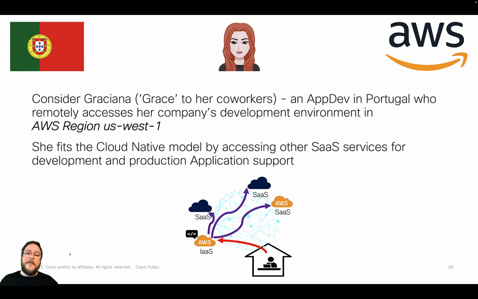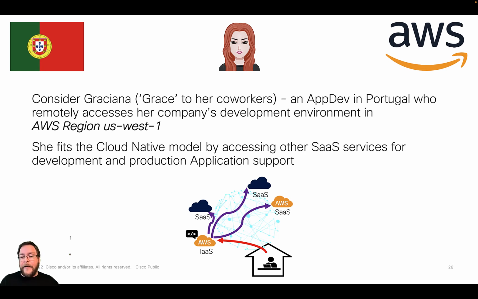So I've created this example, and we're going to talk about Graciana, or Grace to her coworkers. She's an application developer in Portugal, and she remotely accesses her company's development resources, and those are in AWS region US West 1. She is fitting that cloud native model because she accesses other SaaS services for development and production support.